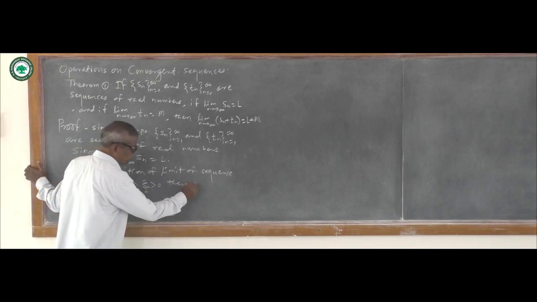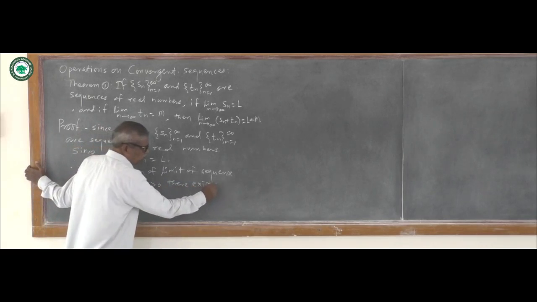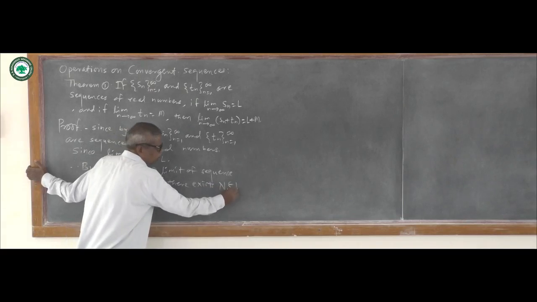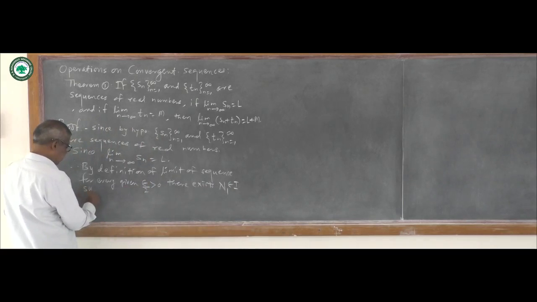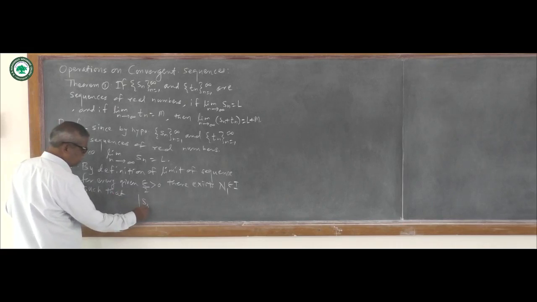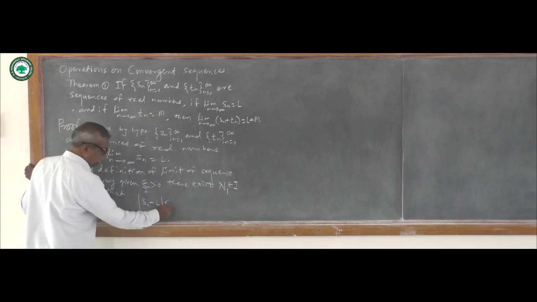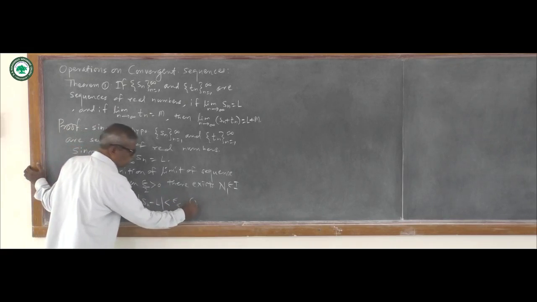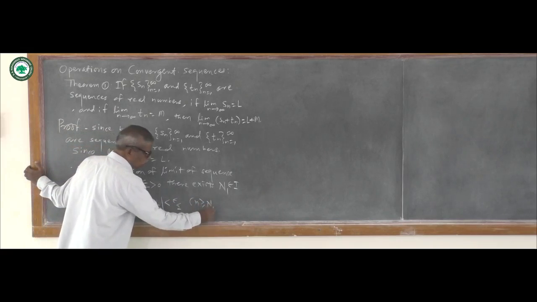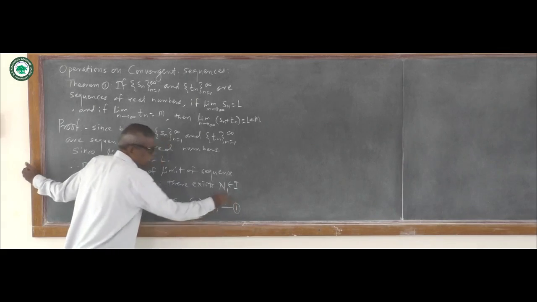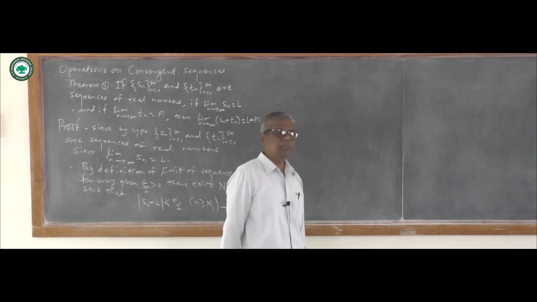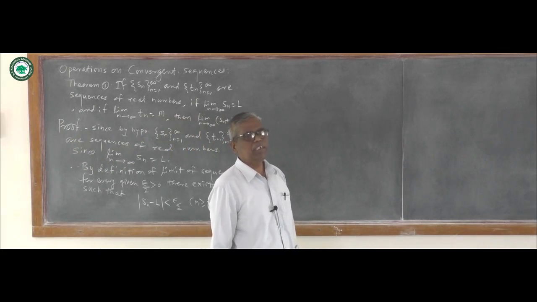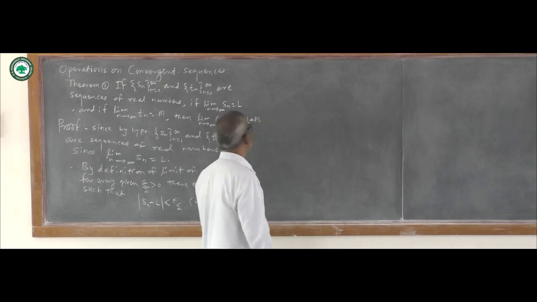There exists a positive integer n1, n1 belongs to I, such that modulus of Sn minus L is less than epsilon by 2 for all n greater than or equal to n1. Relation 1, since sequence Sn is convergent to L.